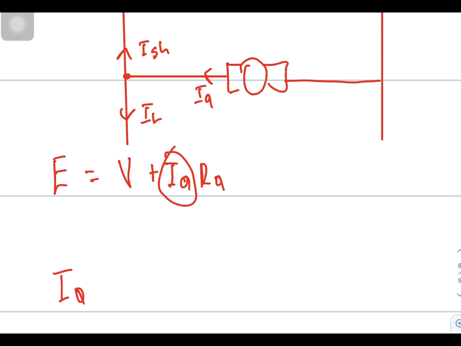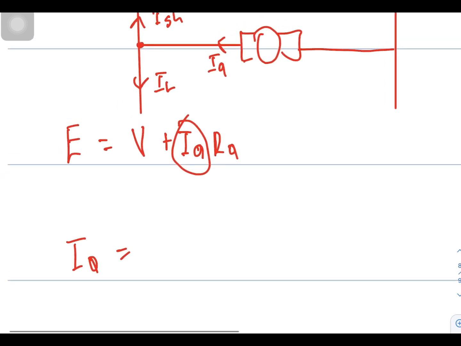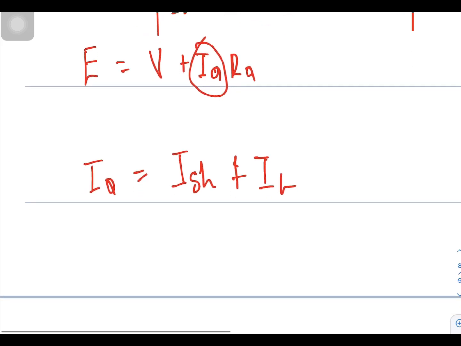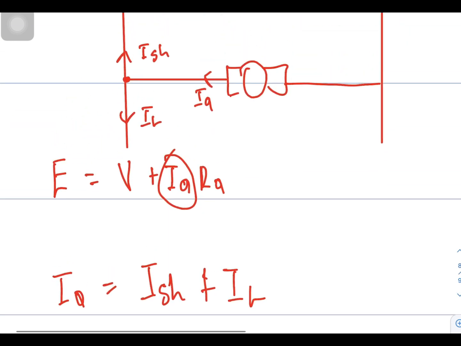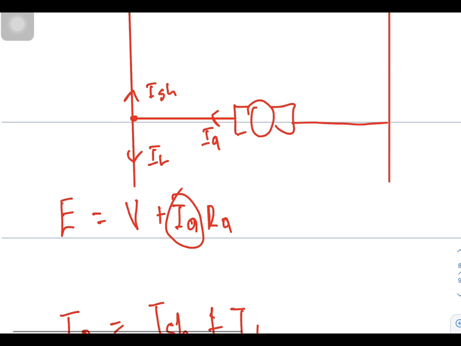I would say I is equals to I shunt plus I load.